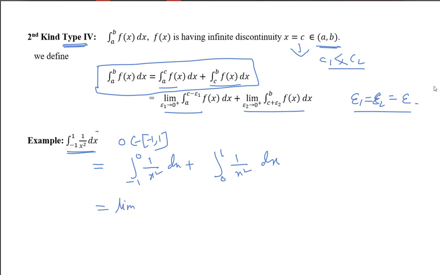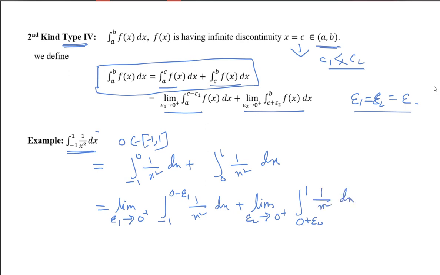And we find what? Limit epsilon 1 tends to 0 plus, minus 1 to 0 minus epsilon 1, 1 by x square dx, plus limit epsilon 2 tends to 0 plus, 0 plus epsilon 2 to 1, 1 by x square dx.